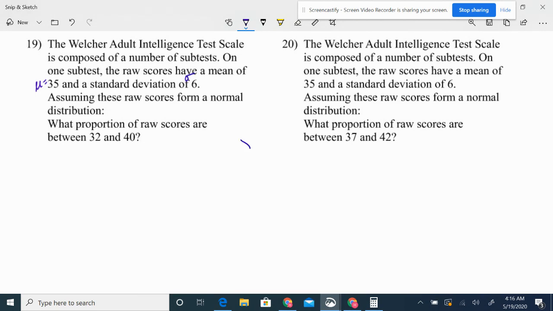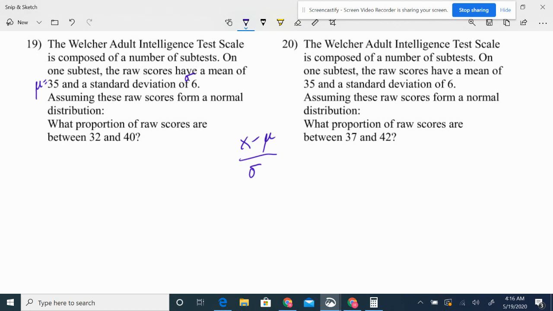Remember, our formula is x minus mu over sigma. Assuming these raw scores form a normal distribution, what proportion? So leave it as a decimal. Don't move the decimal place. Of raw scores are between 32 and 40. So I have to find out both scores, 32 and 40.